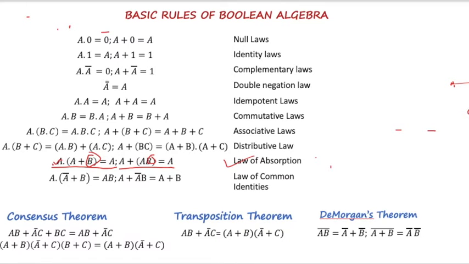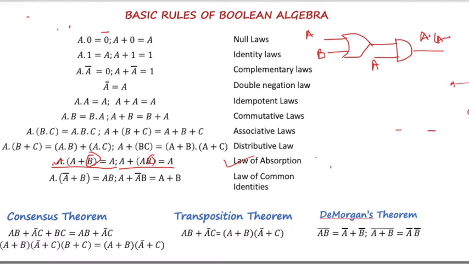Now see, the first relation states that A or B ANDed with A. So here A or B ANDed with A. So this is A dot A plus B.